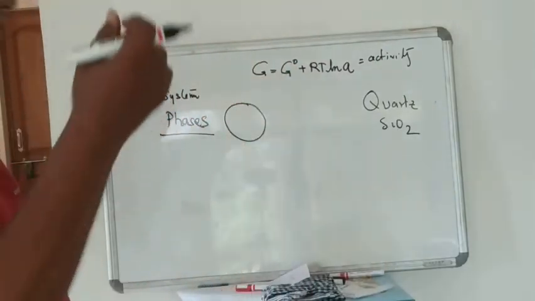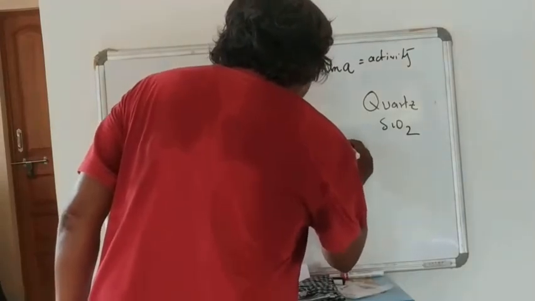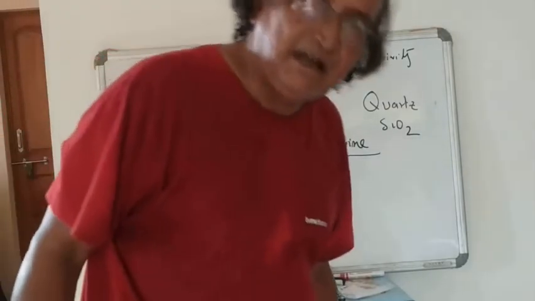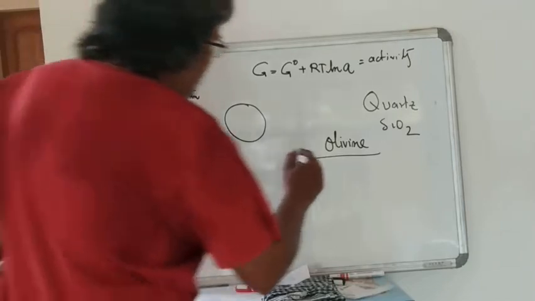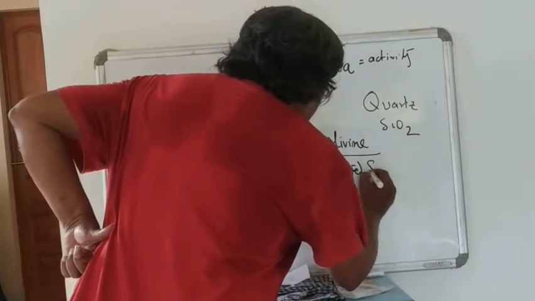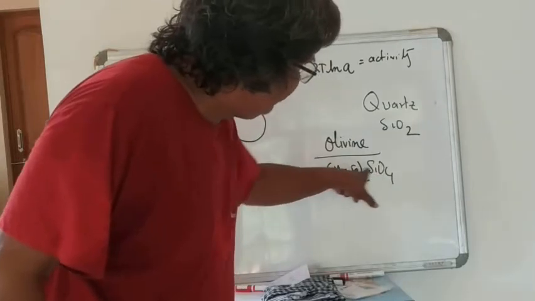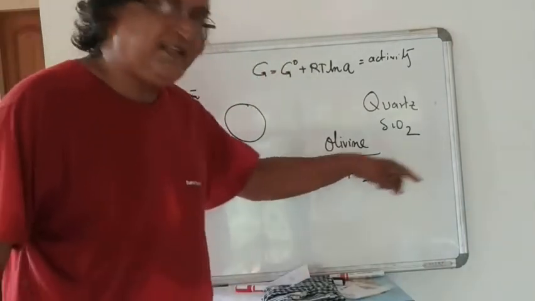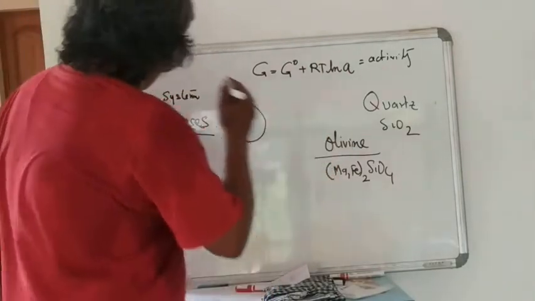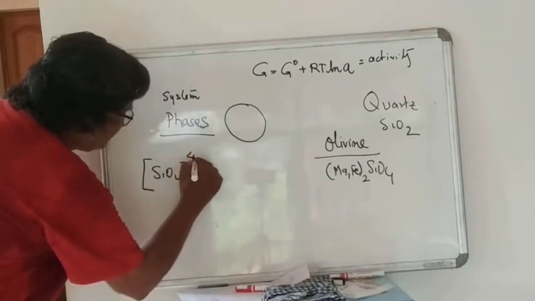Say there is another mineral, let me write a simple mineral, called olivine. It is a mineral that makes up a large part of the mantle. Now the formula for olivine is (Mg,Fe)2SiO4. Remember, in the earlier lecture we were talking about SiO4 tetrahedra with 4 negative charges.